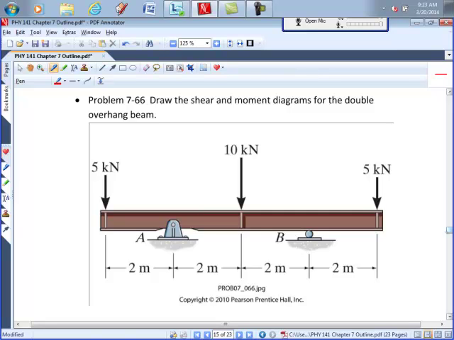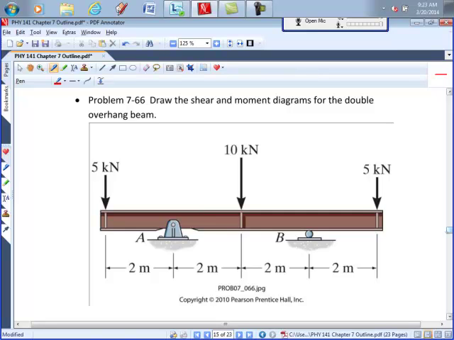What's the reaction force at A? Okay, so by the symmetry of this problem, we can tell that AY and BY are going to be the same.